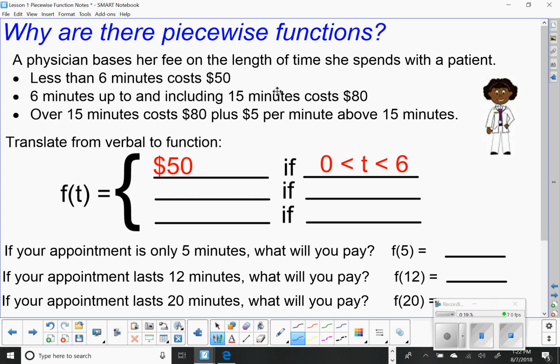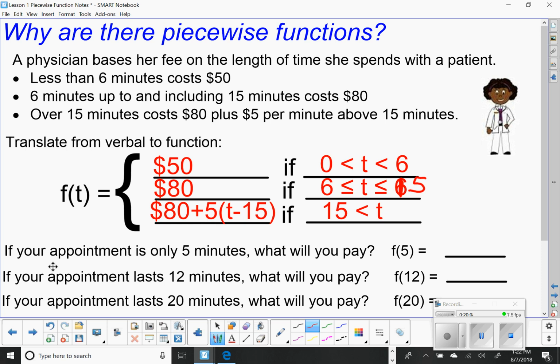From 6 minutes up to and including 15 minutes, boom, this should be 15. You're going to pay $80. And then if you go over 15, you're going to pay the 80 plus $5 per minute in excess of 15. So the first 15 minutes are covered with the 80, but then you're going to pay $5.